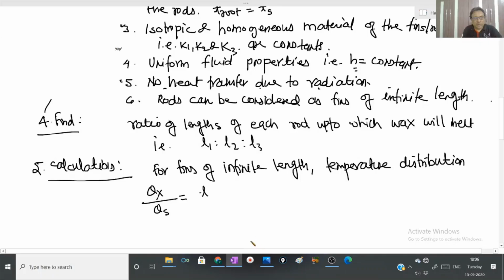This can also be given as Tx minus T infinity over Ts minus T infinity is equal to e to power minus mx.